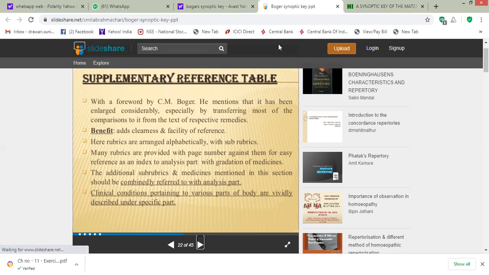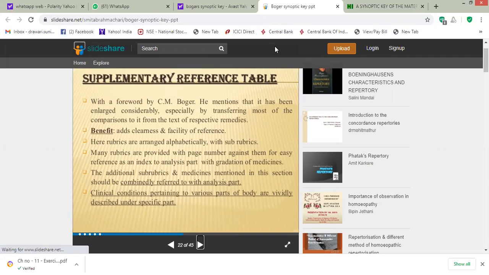Here rubrics are arranged alphabetically with subrubrics. Many rubrics are provided with page numbers against them for easy reference as an index to the analysis part with gradation of medicine. The additional subrubrics and medicines mentioned in this section should be referred to combined with the analysis part.